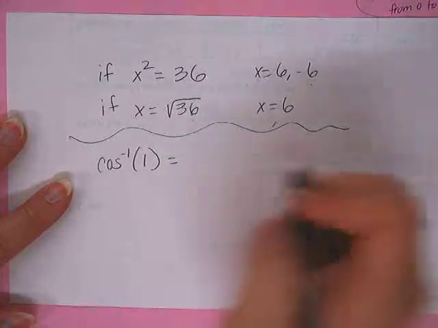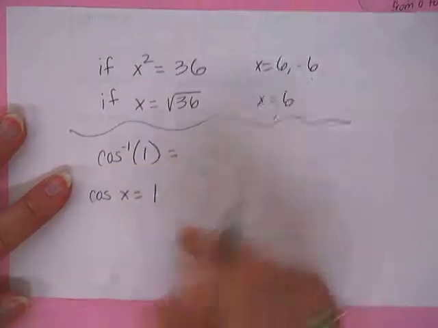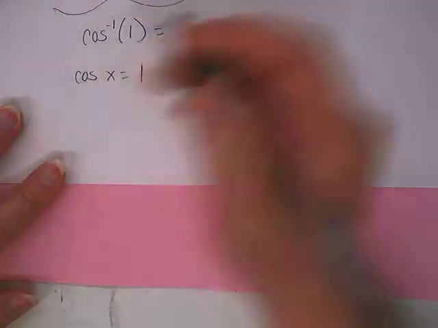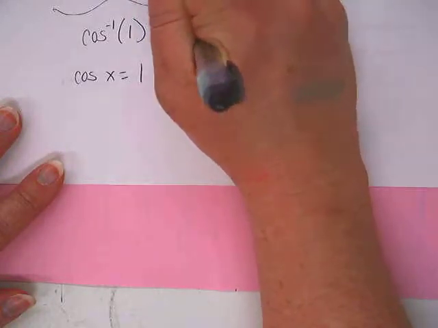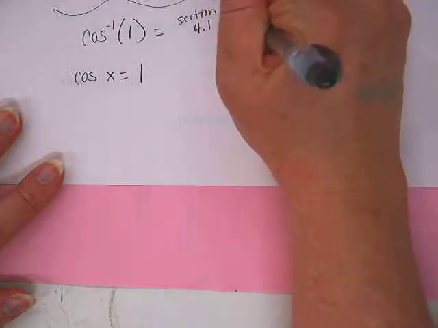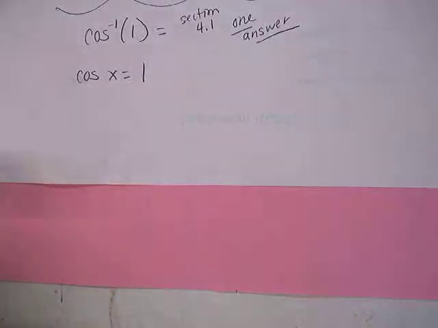Okay, so what's the difference between saying find the inverse cosine of 1 and finding the values that make x true? So this is what we learned in section 4.1. Okay, and there's one answer because we're calling them functions.